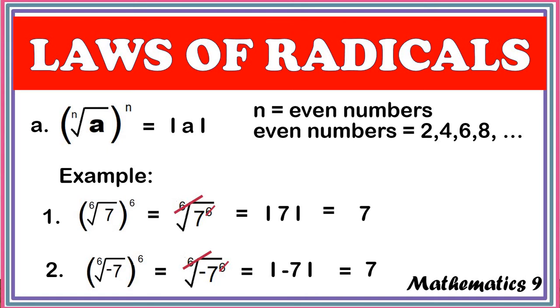Okay, so yun yung difference ng odd number na index at even number na index. Kapag odd numbers, kahit negative ang iyong base, negative pa rin ang magiging sagot mo. But however, if even number, ang magiging sagot mo ay positive.